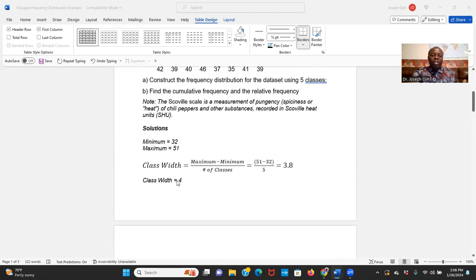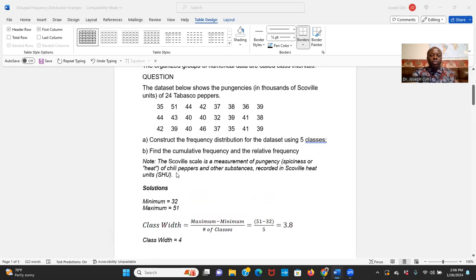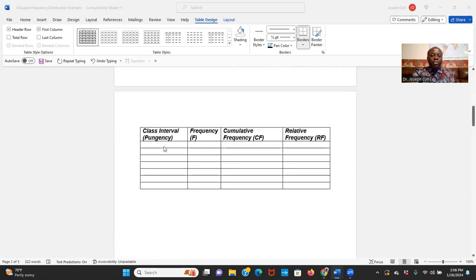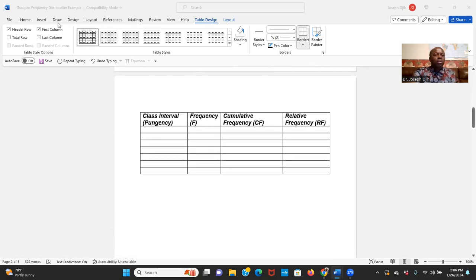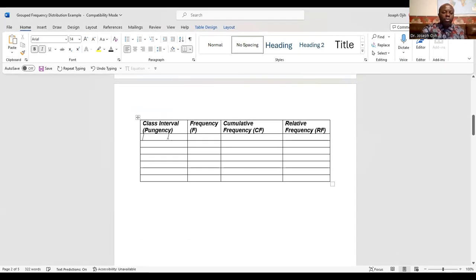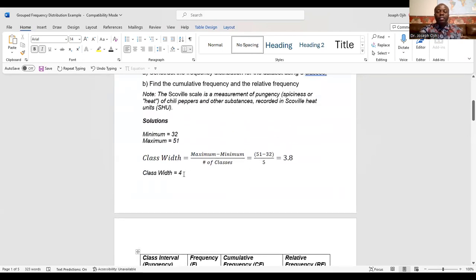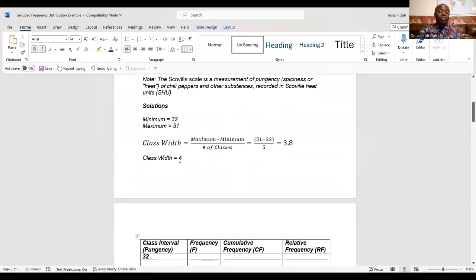Now, we have our class width and the smallest number, which is 32. We start with that. Now, 32 is smallest, so write 32. Now, we get the first number. Keep adding the class width. Our class width is 4.